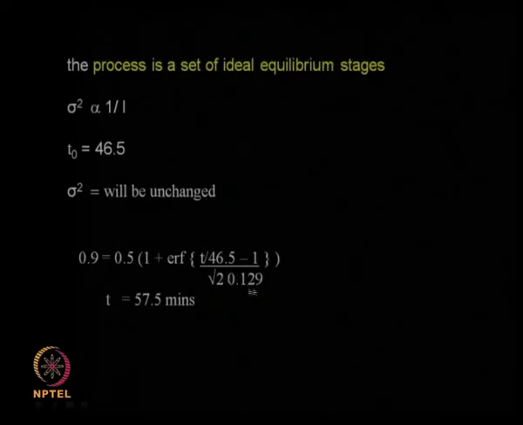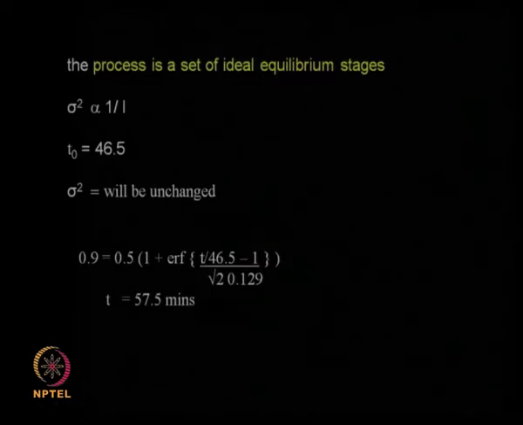So the old sigma is taken, that is 0.129, but T naught has of course gone down from 93 to 46.5 because you have doubled the velocity. When you substitute that into the yield equation, if you remember, yield is equal to 0.5 into 1 plus error function of T by T naught minus 1 divided by square root of 2 into sigma, you will get a new time. So we saw 3 different situations depending upon what is controlling.